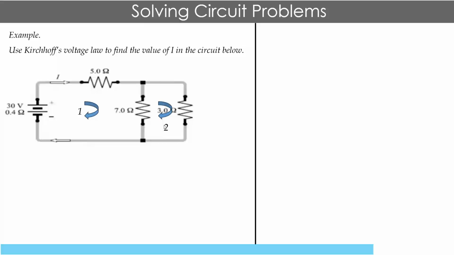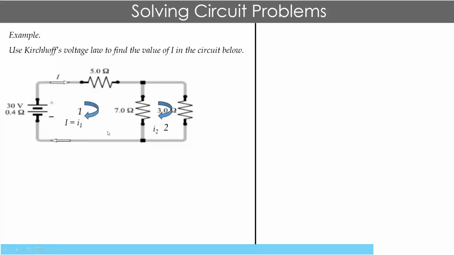So for loop 1, let me call the current flowing in it I1, and we know that I1 is going to be equal to I. So the current flowing in loop 2, I want to call it I2. So I1 is equal to this current here, I, and then I2 is the current flowing in loop 2.